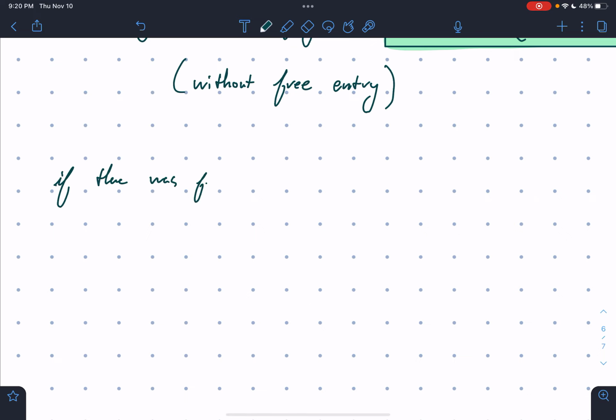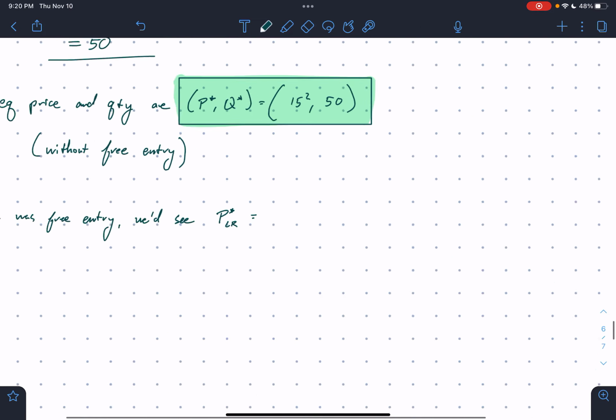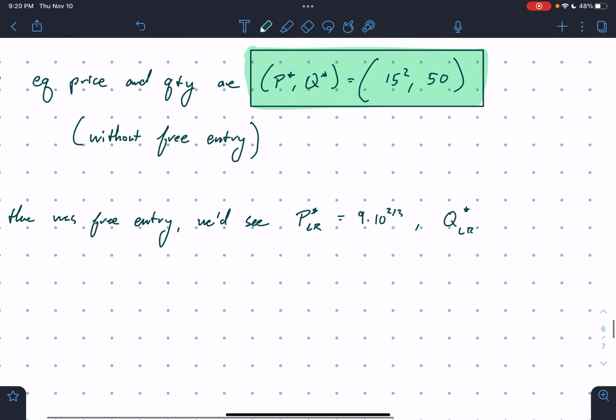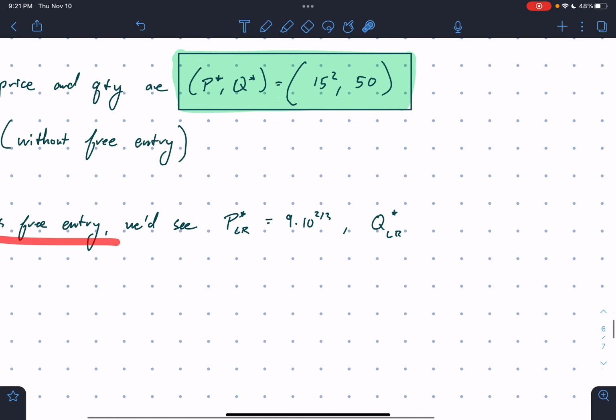So if there was free entry, we'd see P star in the long run equal to the AAC min. And that was 9 times 10 to the 2/3. This was the answer to the problem, and I'm just saying if there was free entry, price is equal to AAC min.